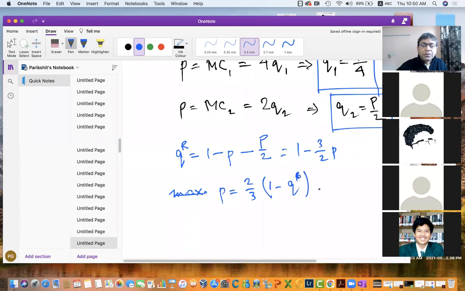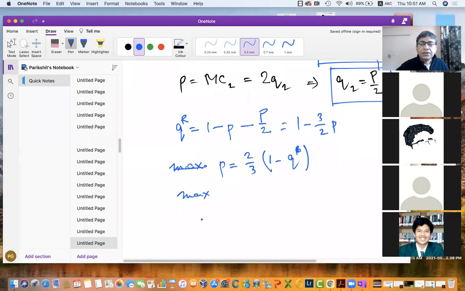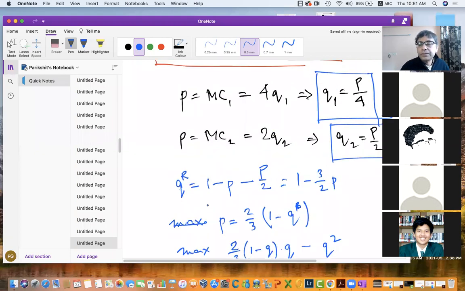Let's just call it Q. So firm 1 solves to maximize profits. The revenue part is 2/3 (1 minus Q), that's the price they can command, times Q. And the cost function of firm 1 is just Q squared. So this is what the firm will solve.